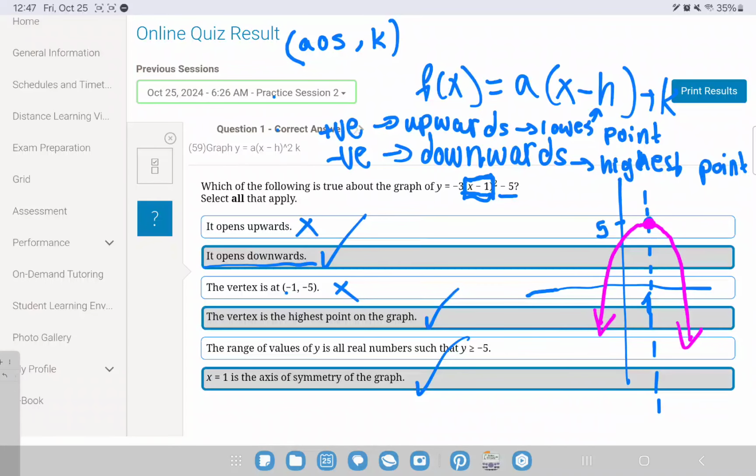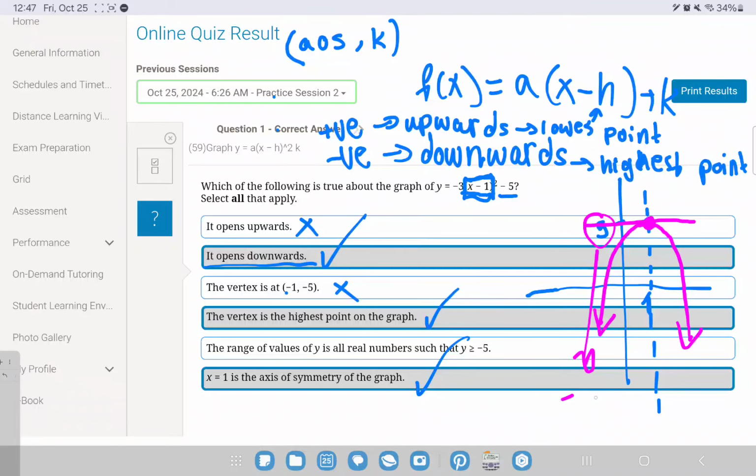Since this point is your maximum, nothing goes above this point. So your range is anything between 5 and negative infinity.